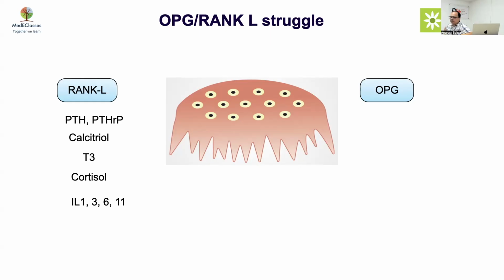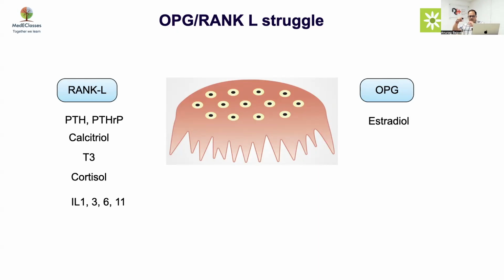It will decrease calcium. It will also decrease calcitriol effect. It is going to increase the osteoclast activity and it's going to decrease the osteoblast activity. So cortisol excess is more of decreased bone formation, increased bone resorption, which is going to be the major factor. The major determinant of OPG, however, is estrogen.